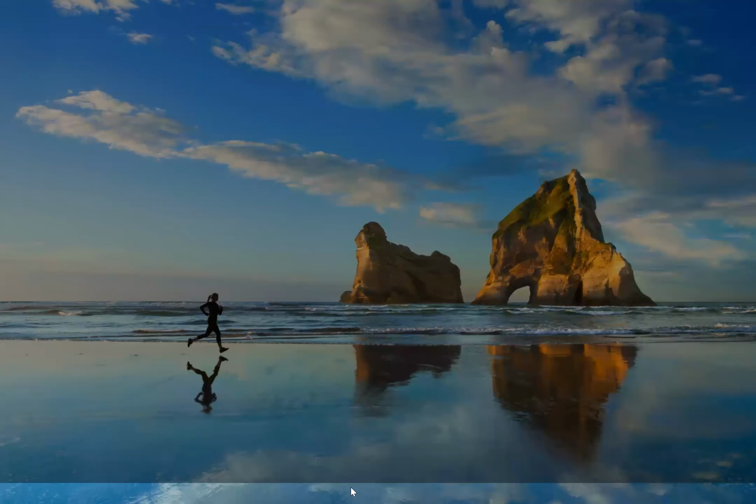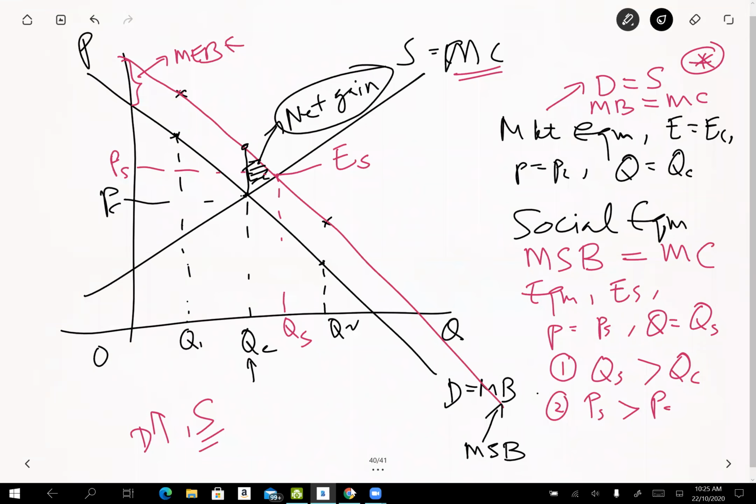Okay, go to the book, diagram 3.2. So look at the book. The diagram is Figure 3.2. You will see the positive externality, and that is positive consumption externality.